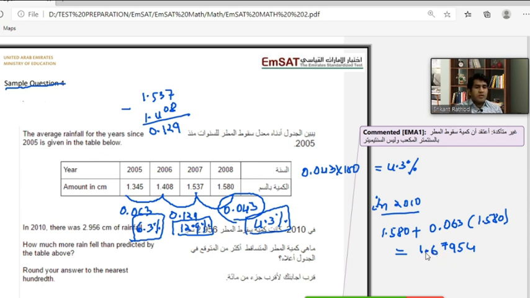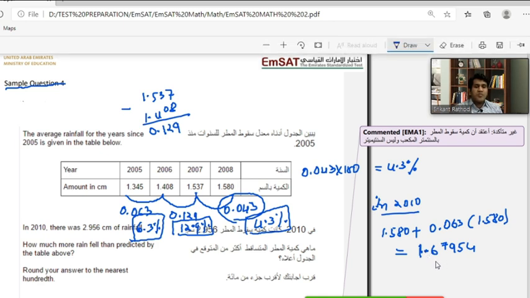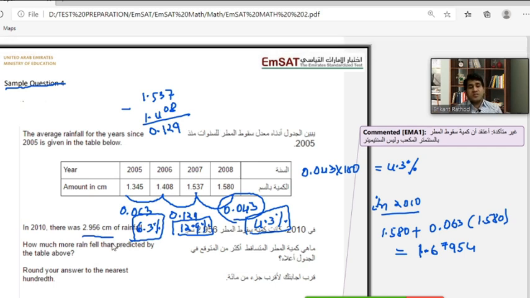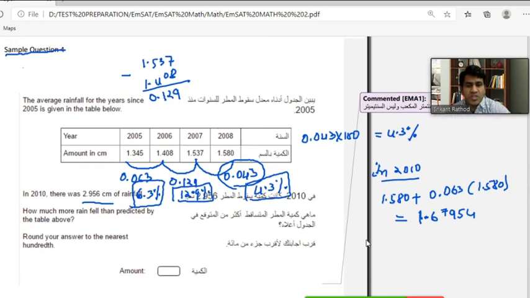So now the predicted value is supposed to be 1.67954, but actually the rainfall in 2010 is 2.956. Now, how much more rainfall than the prediction? You just need to find the difference between the rainfall that occurred and the predicted value. So what is the difference?